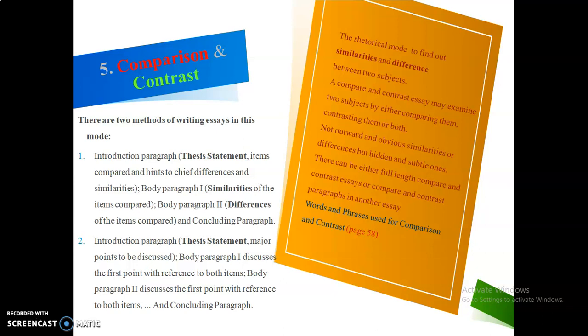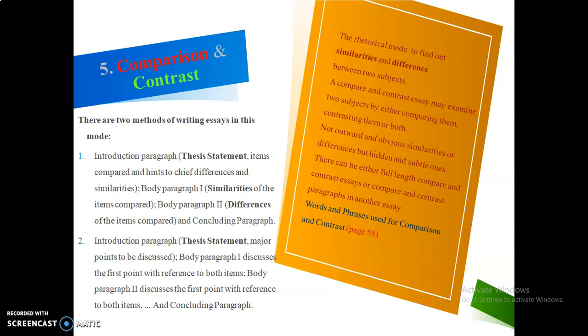Comparison and contrast essays can be written in two different ways. The first method: the introduction paragraph has the thesis statement, the items compared, and hints to the chief differences and similarities.